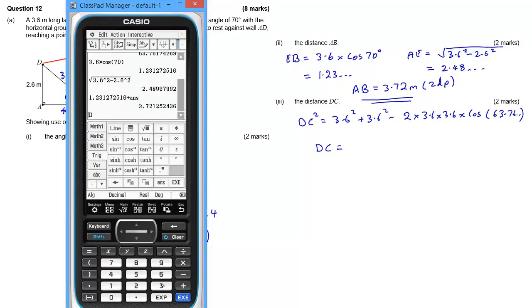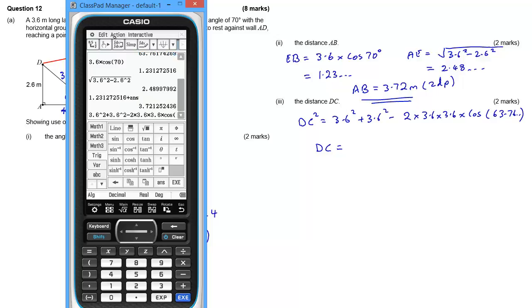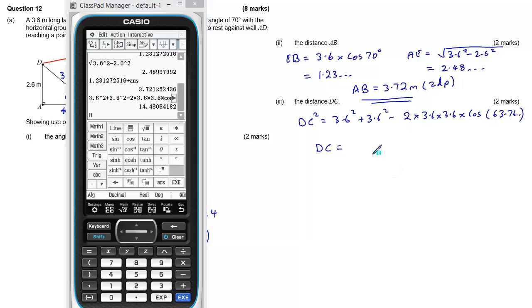So we've got 3.6 squared, add 3.6 squared, take away 2 times 3.6 times 3.6 times the cosine of, let's just go and grab it from up here so we can copy it and then just paste it in there. And that gives me 14.46.